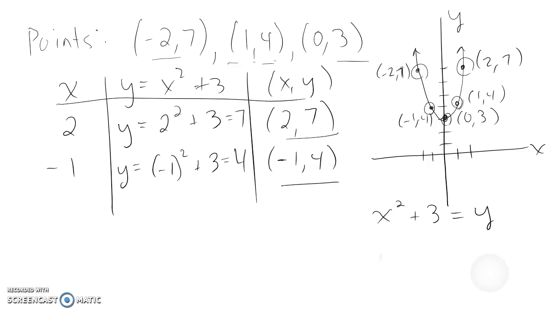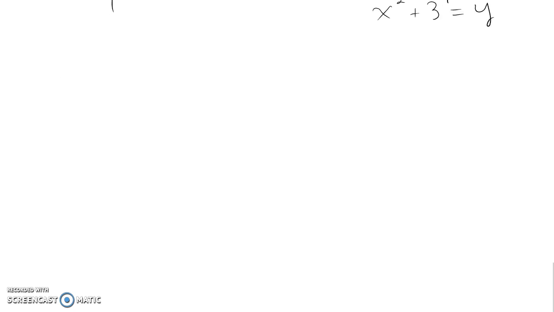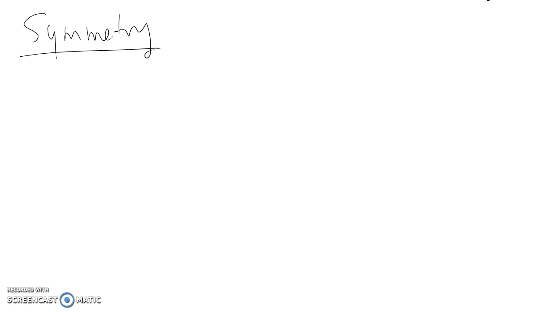In general, there are 3 types of symmetry that graphs can have. It is important to note that not every graph has symmetry, but lots of them do.